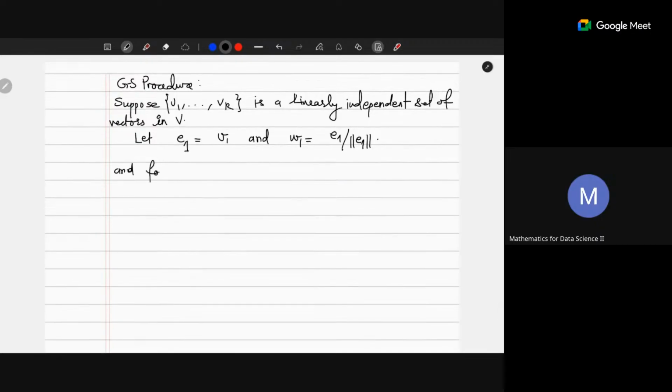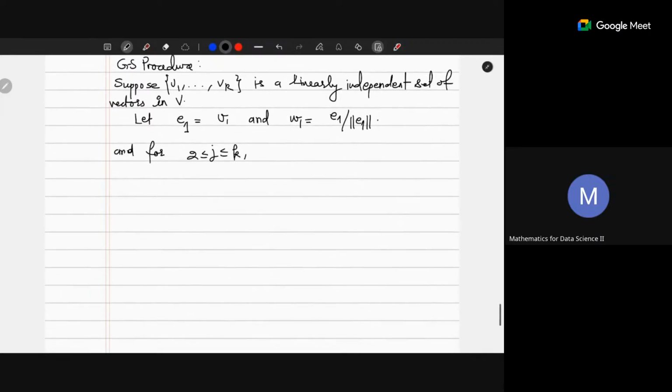And for j varying from 2 to k, define Ej. Now Ej is converting your jth vector into the orthogonal or orthonormal vector. So you need to remove the projection of all the vectors that you obtained before Ej. All right.